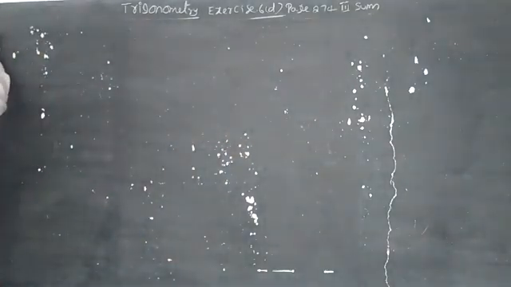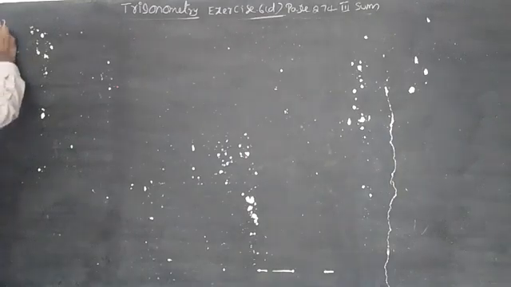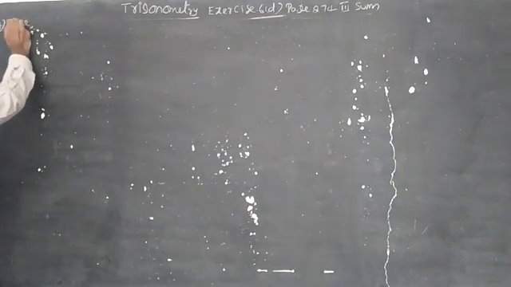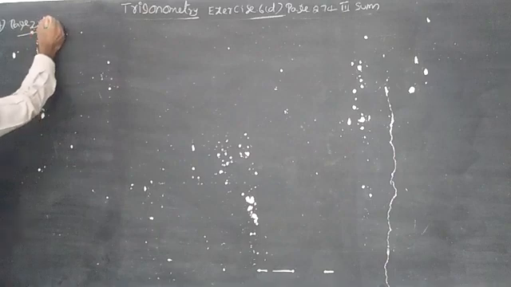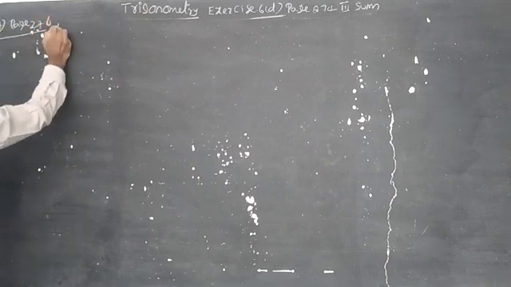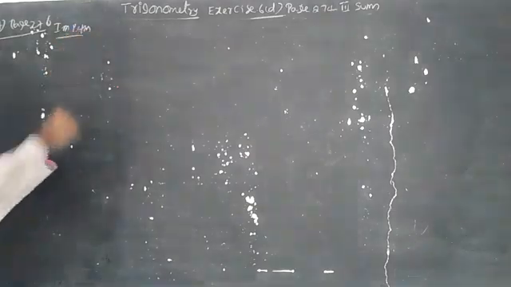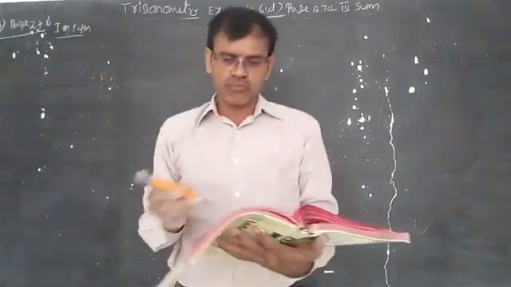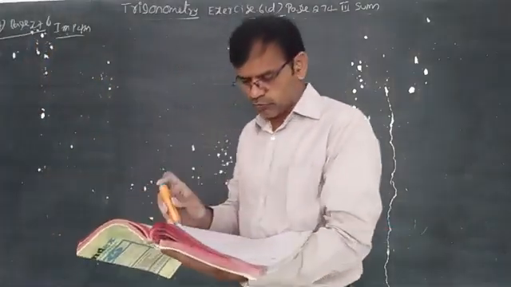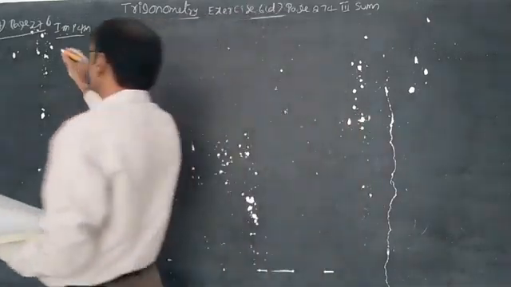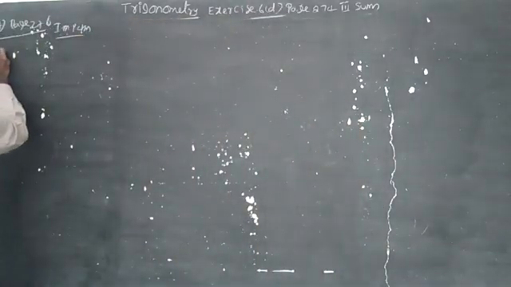Example 4, page number 276, important for 4 marks. This chapter contains 2 plus 4 plus 7 weightage. So for 4 marks it is important, and also an important objective question.